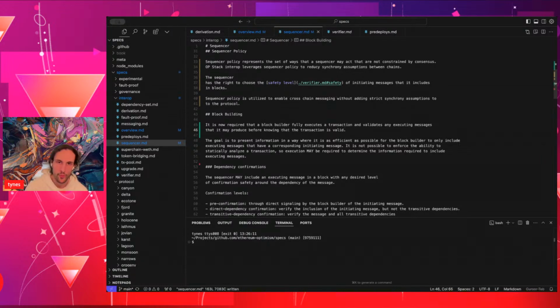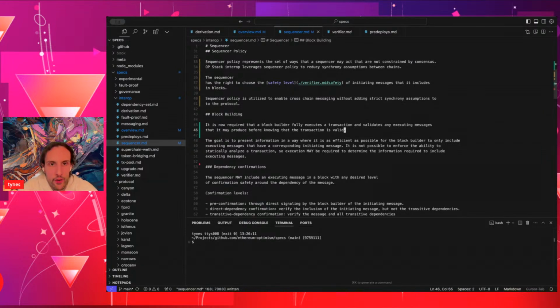But now with interop, we're coupling the execution to the validity through this log that gets created. So it does create a little bit of a DOS opportunity, but that's just an engineering problem that we can solve. So don't be scared.